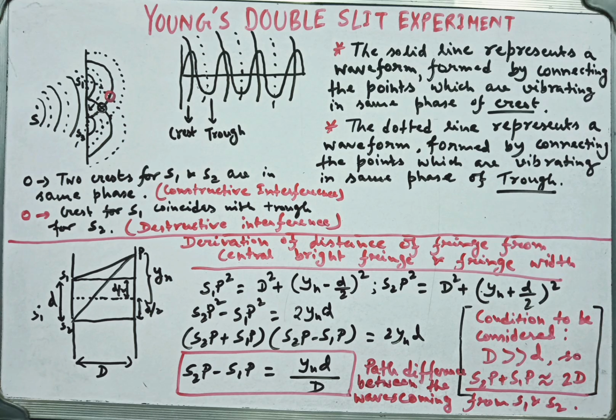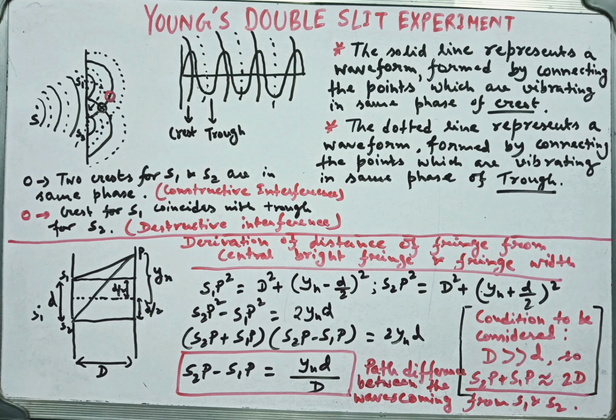So for that, if we consider the distance between the two slits S1 and S2 is d, and the distance of the nth fringe from the center is yn. Now if we do this simple derivation, I am explaining the steps here. So S1P squared, that is the distance from the S1 slit to the point P where we are considering a particular fringe will be created.